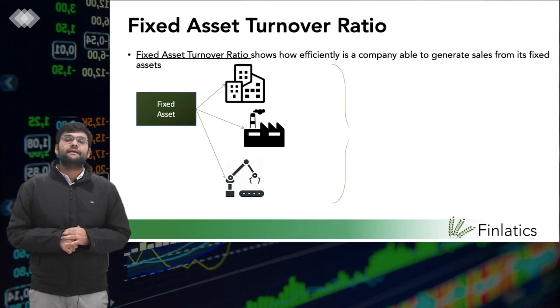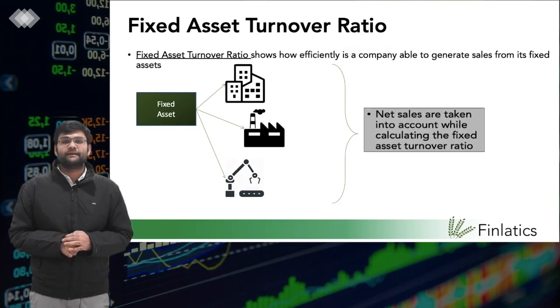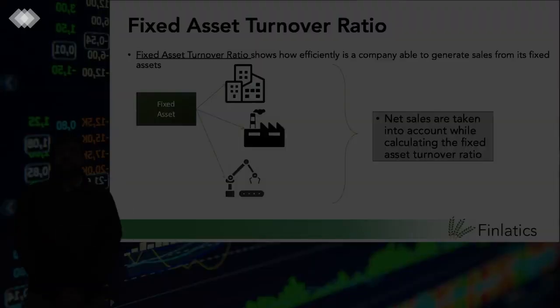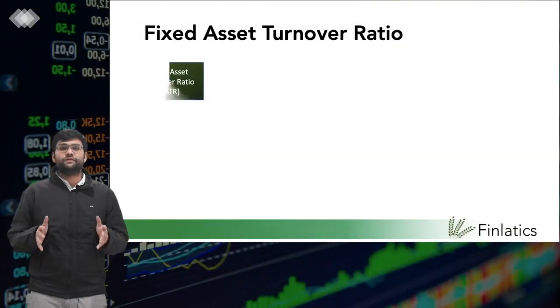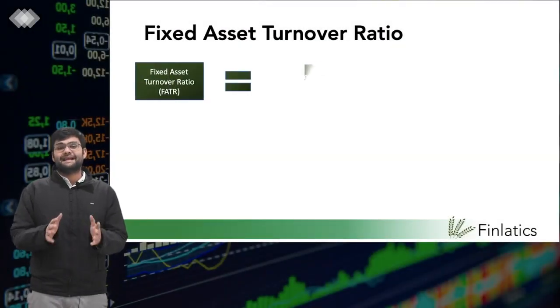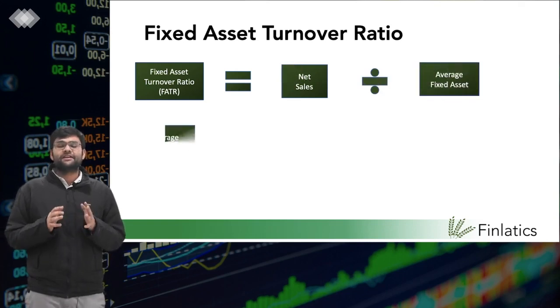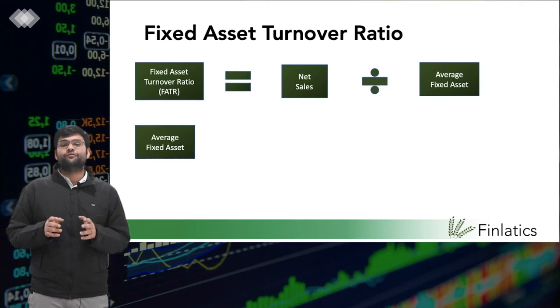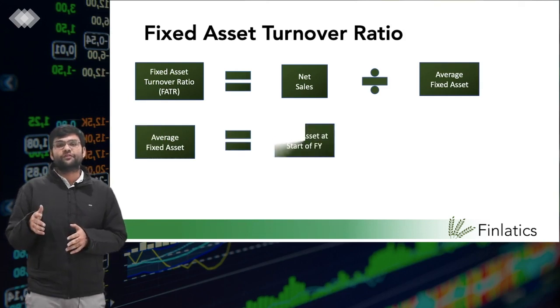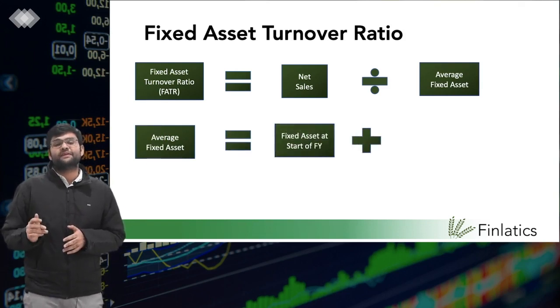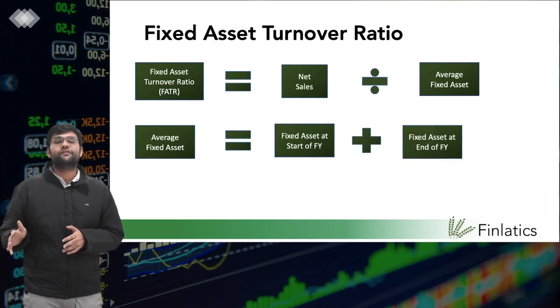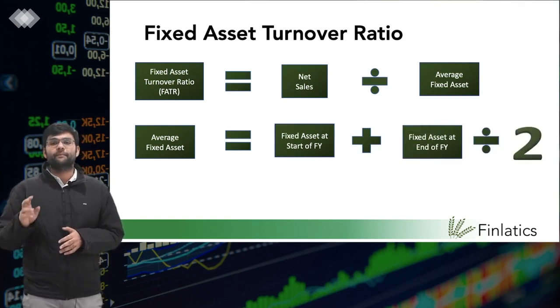Net sales are taken into account while calculating this ratio. Fixed asset turnover ratio is equal to net sales divided by average fixed assets. Average fixed assets is equal to fixed assets at the start of the financial year plus fixed assets at the end of the financial year divided by 2.